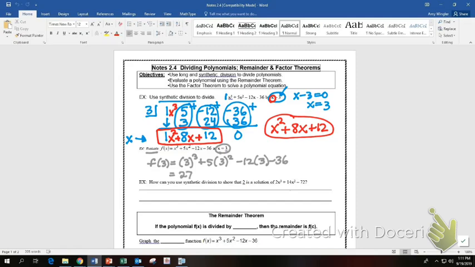So that gives us 27 plus 3 squared is 9 times 5 is 45 minus 36 minus 36. When we add all those together, we get 0. So f of 3, because 3 is what we plugged in for our x value, equals 0.